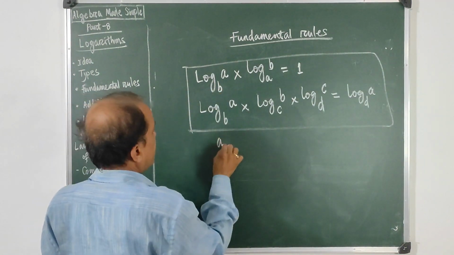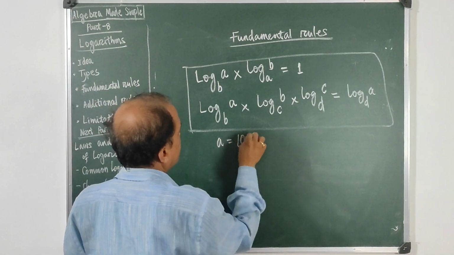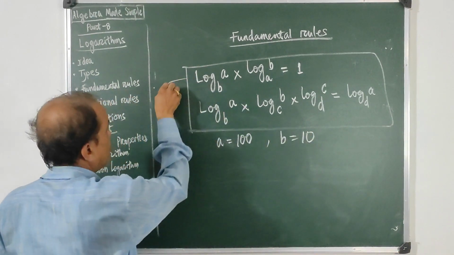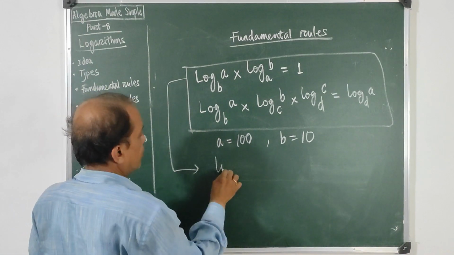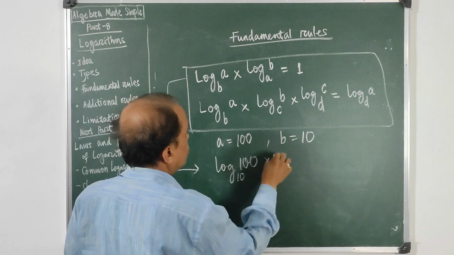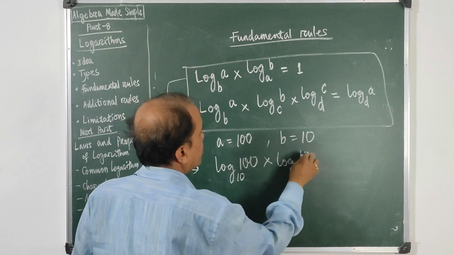Let us take a is equal to 100 and b is equal to 10. What does the first formula give? Log 100 to the base 10 into log 10 to the base 100.